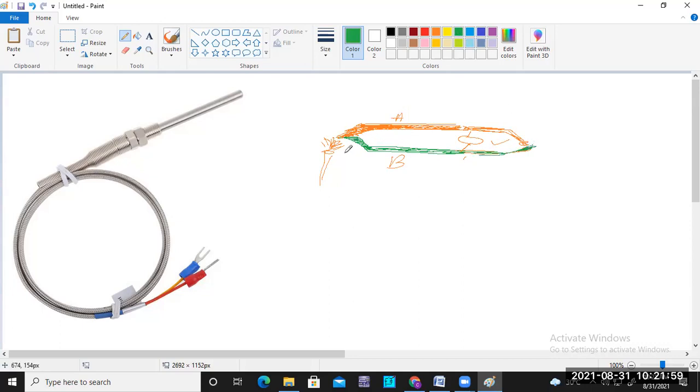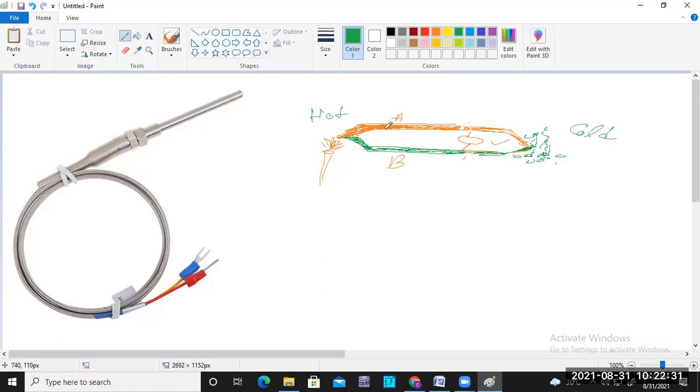So in one junction, if you provide some heat, and at the other junction you provide some cold, meaning some ice or cold material, then here is a hot junction and here is a cold junction. You apply some ice or any cold material so that this junction becomes cold, and this junction becomes hot by applying some heat or temperature.